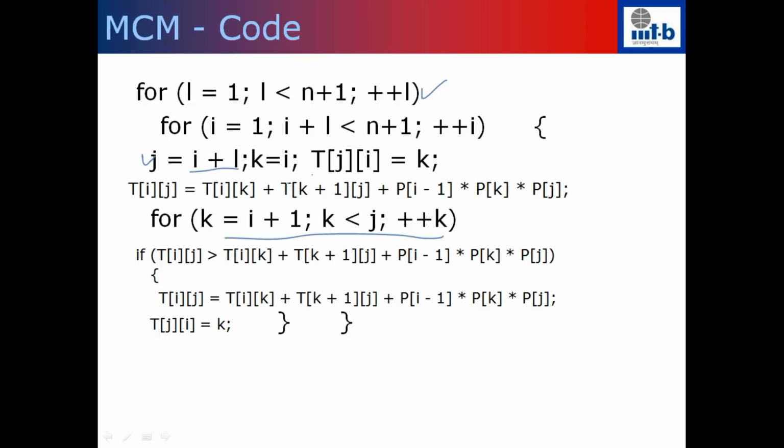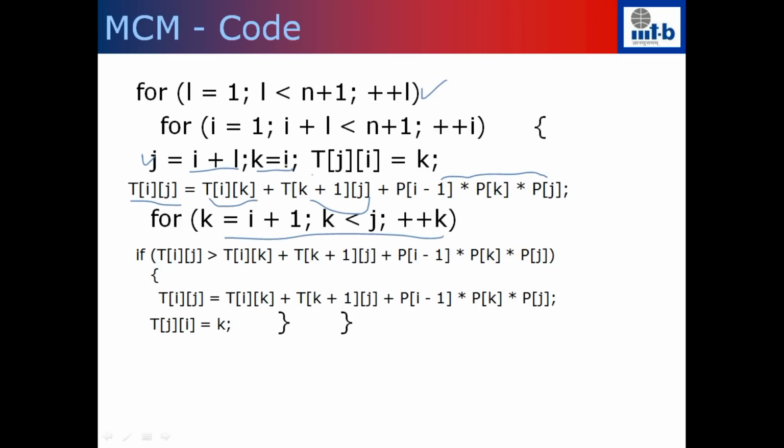So I set k to i, and for this particular value of k, whatever is the value I get from the equation, I set it as t of i comma j. If I break at k, first I have to multiply from i to k, then multiply from k to j, and then multiply the two resulting matrices, which we know will require so many computations.